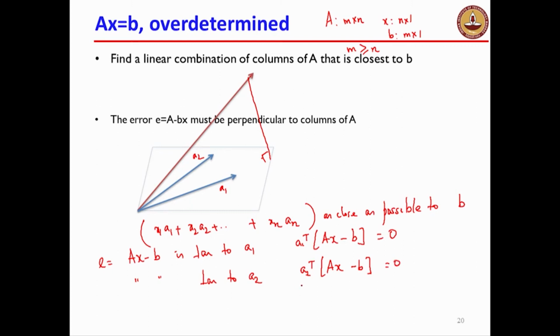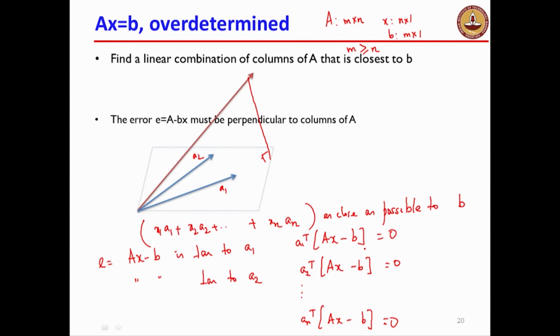And there are n columns, so I am going to get n such equations. For each column I get one equation, so there are n equations. Each of these is a single equation because this is a scalar: the right hand side is a scalar, and the left hand side after multiplication is a scalar.